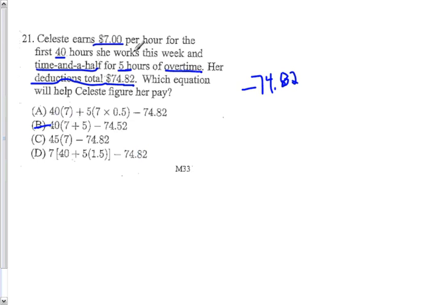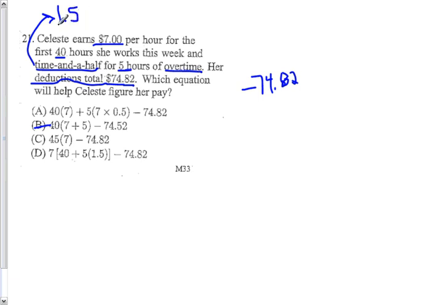So let's look at some of the things we've underlined. $7 for 40 hours and time and a half for 5 hours. Let's draw a line here. We have got to deal with this little phrase, time and a half. Any time you see time and a half, this equates to 1.5 in numeric form.